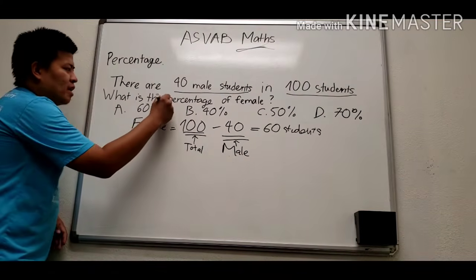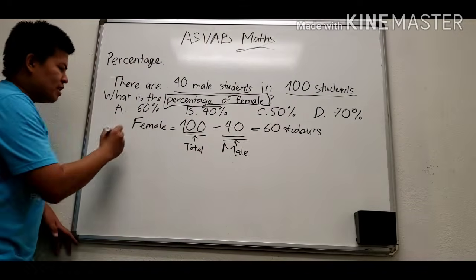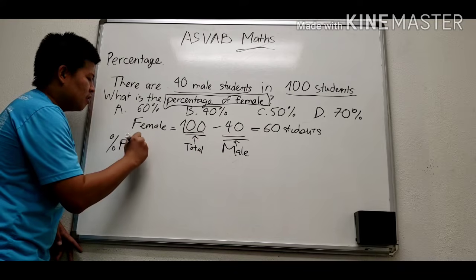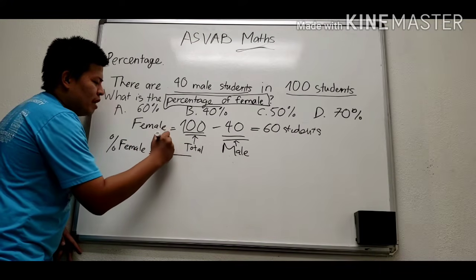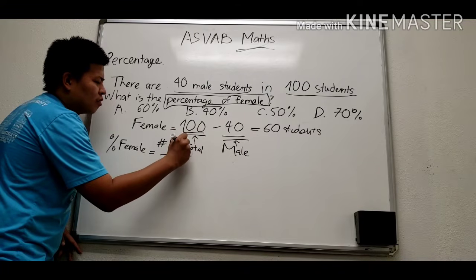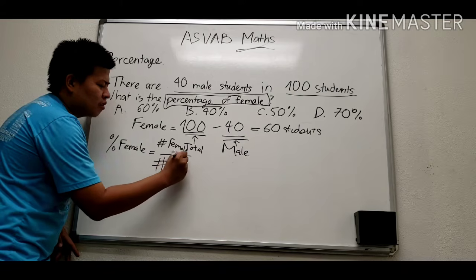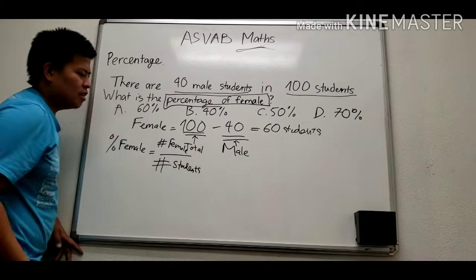To calculate the percentage of female students, we use female equal to the total female divided by the total students.